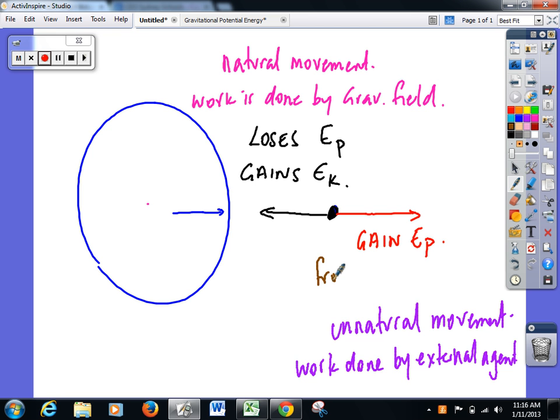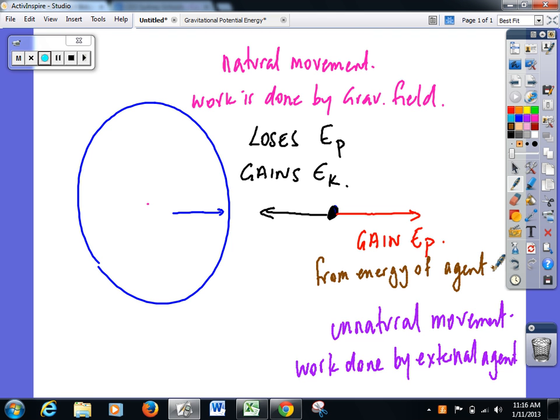From energy of the agent. The external agent has to put this energy into it. Okay? And in my case, when I was raising it, it was my arms, it was muscle. The muscle uses chemical energy.